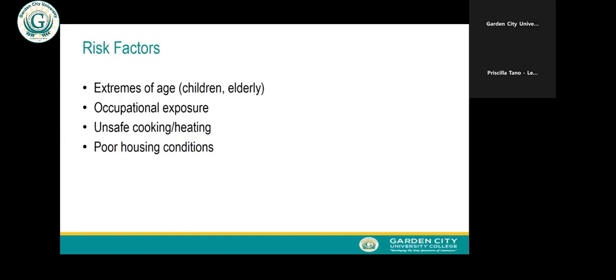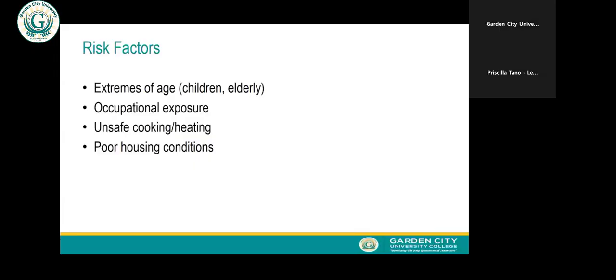The elderly are also affected, because of weakness and degeneration of cells, and they have many comorbidities as well. So even if they have burns, healing becomes a challenge. Occupational hazards are also there. Unsafe cooking and heating practices are part of the reasons why a lot of our patients have burns.